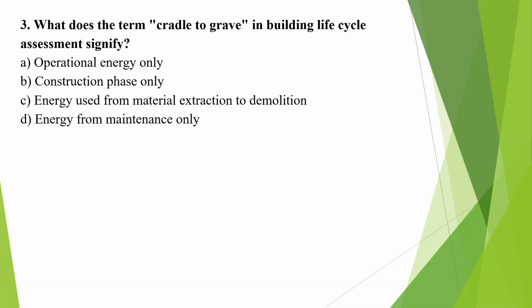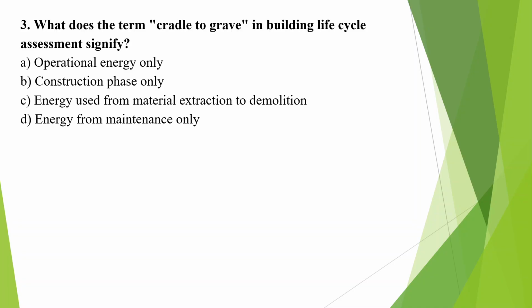All of these are included in the cradle to grave analysis. That's why option C is the correct answer for question number 3, and the other options, which consider only one phase, are all included under option C.